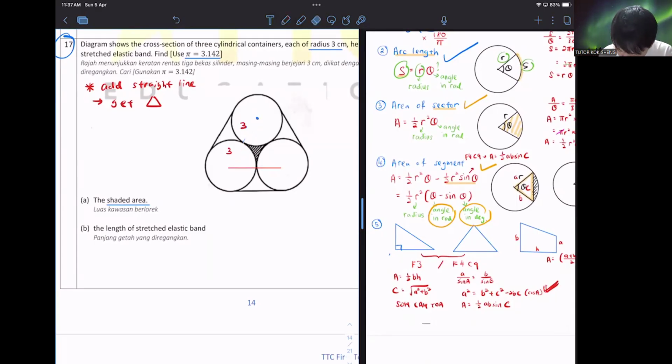The line is too weird. Okay, join to here. Here. This one looks better. Okay, three, three, three, three. Last, join back to the first one. Another 3 cm, 3 cm.